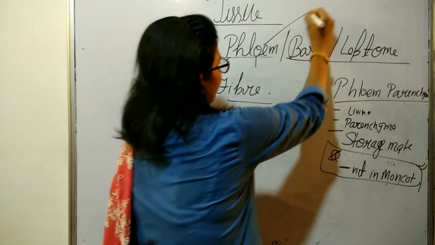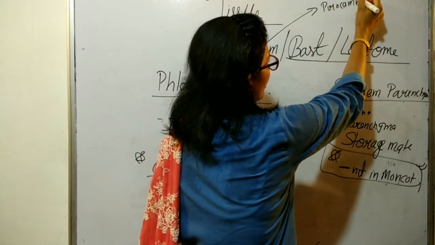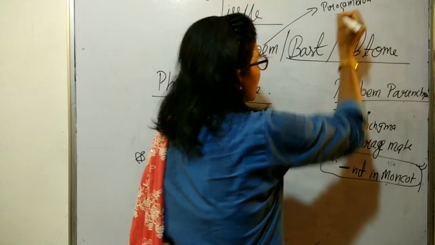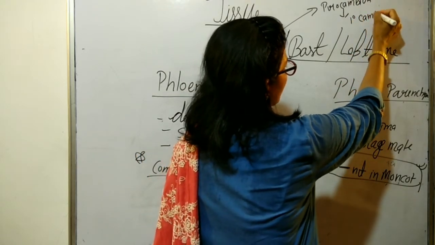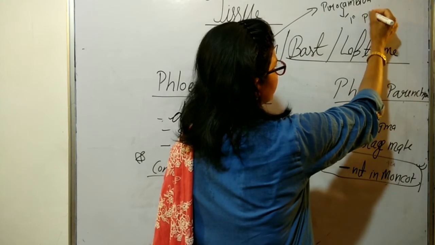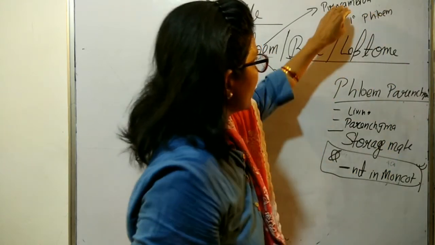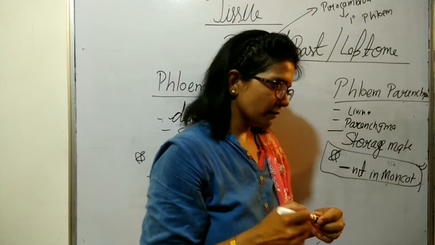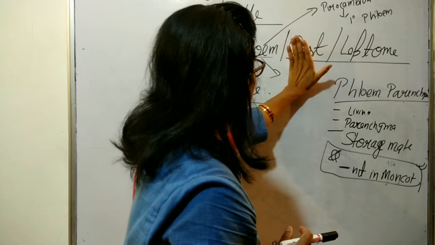If the phloem is formed by the procambium, then it is known as your primary phloem.